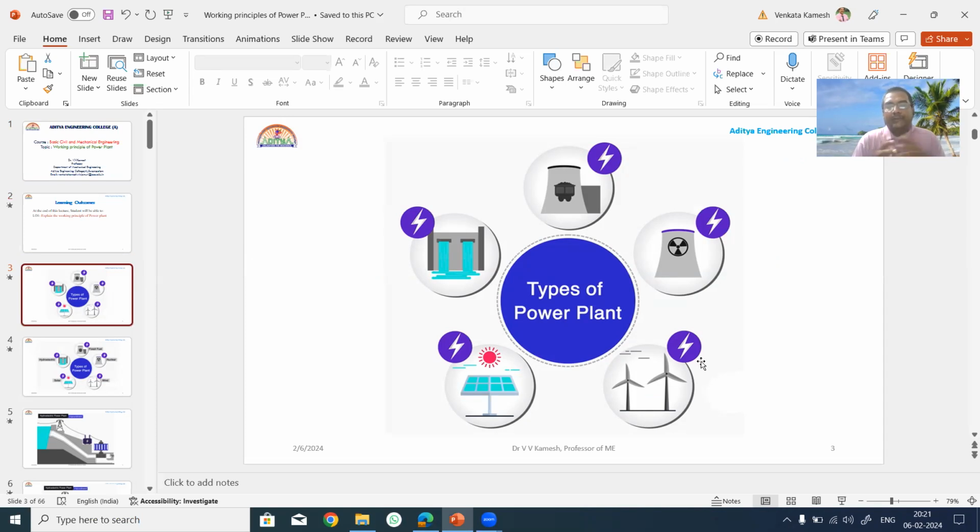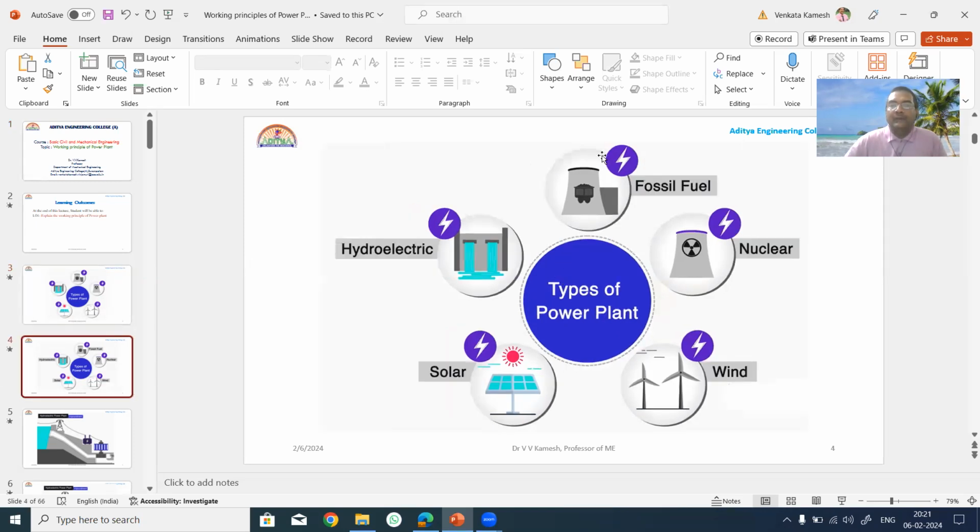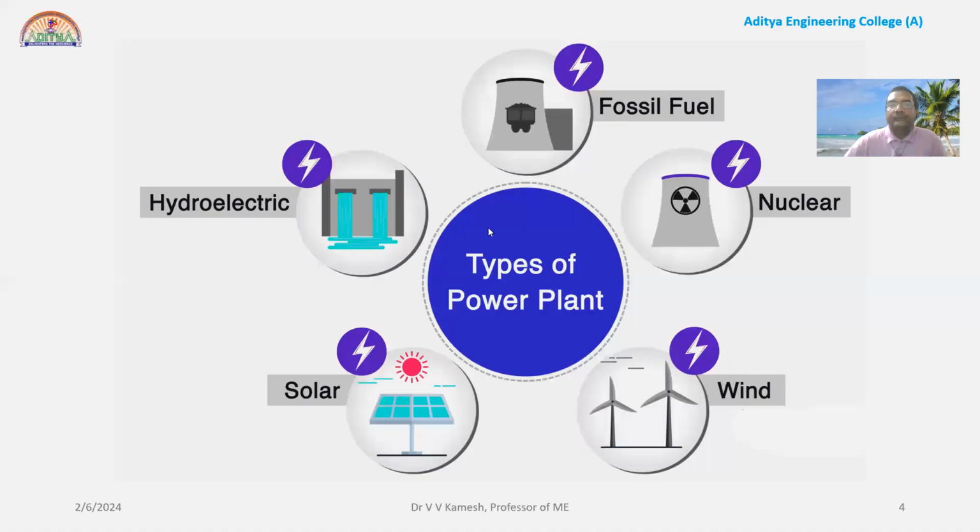That means it may be by coal power plant, thermal power plant, steam power plant, nuclear power plant, windmill, or solar power plant. Like this, we have different types of sources. So here you can see on the screen, hydroelectric power plant, fossil fuel, nuclear power plant, wind power plant, solar power plant.